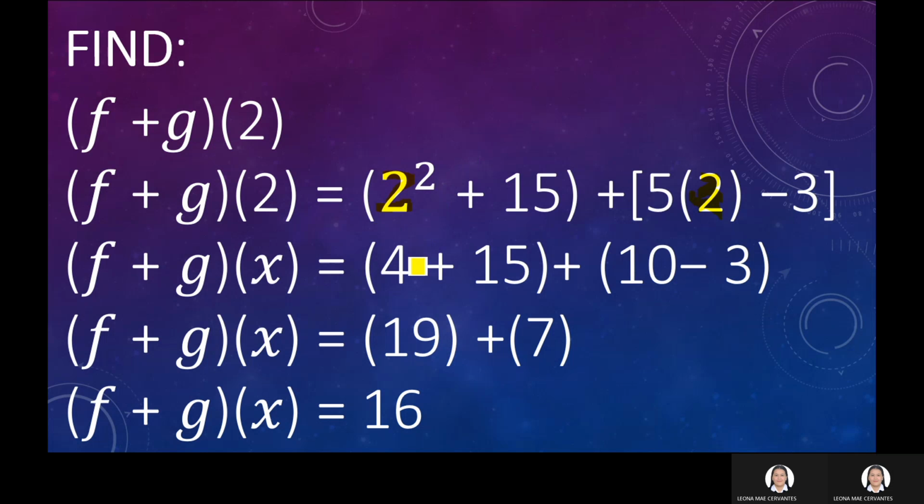So we have 2 squared is equal to 4, plus 15, plus 5 times 2 is equal to 10. Then minus 3. So we have 4 plus 15 is equal to 19, plus 10 minus 3 is equal to 7. Now we have 19 plus 7. So we have 26.